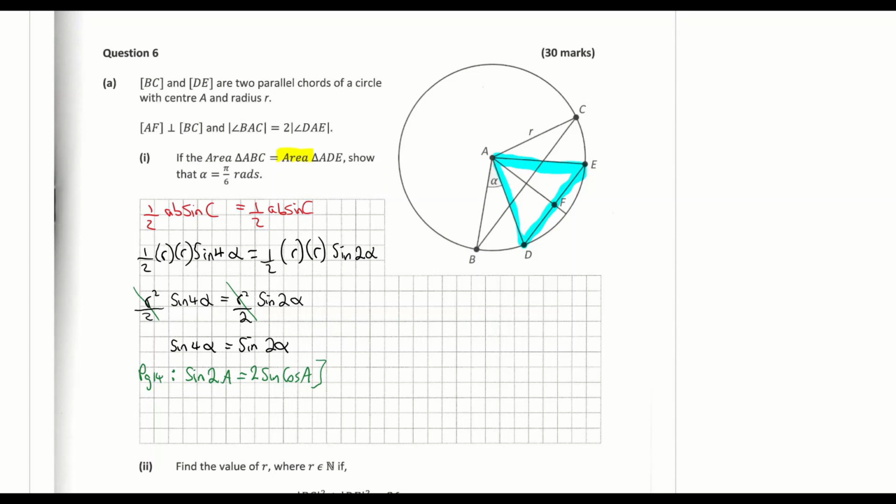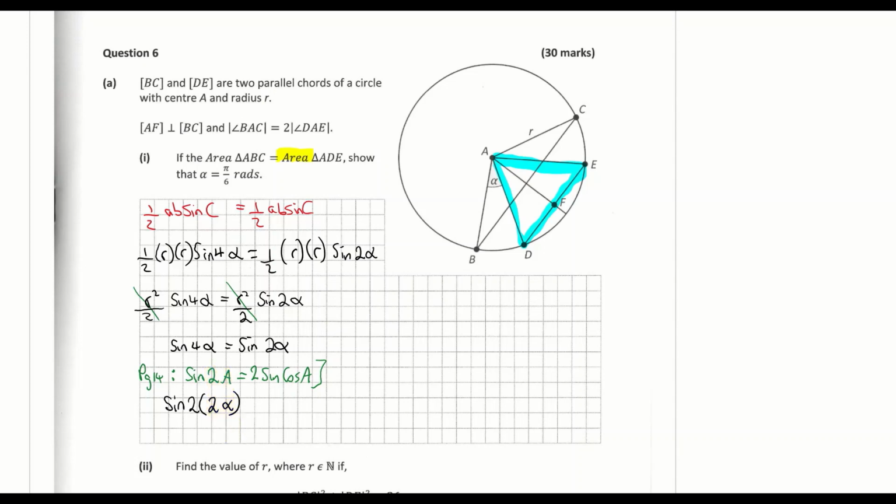And what I'm going to do is manipulate my sine 4 alpha, and I'm going to rewrite my sine 4 alpha as sine 2 multiplied by 2 alpha. So remember that 2 multiplied by 2 alpha is still giving me my 4 alpha. So I've just factorized out a 2, and you can now see that this 2a is going to be my 2 alpha.